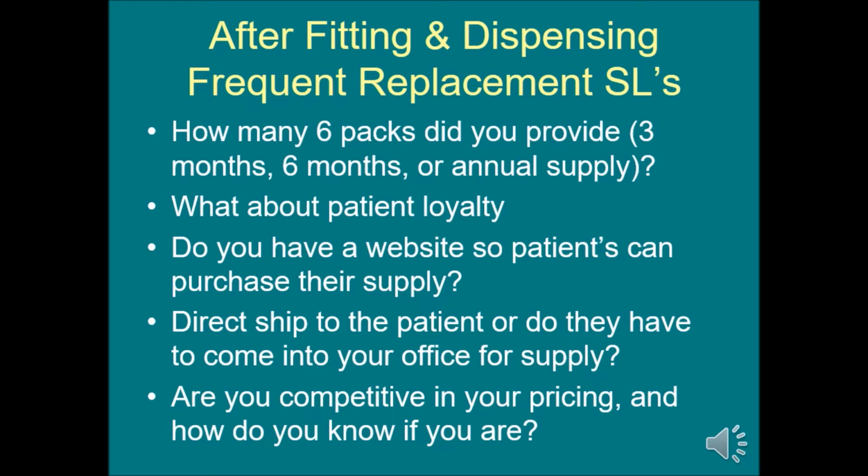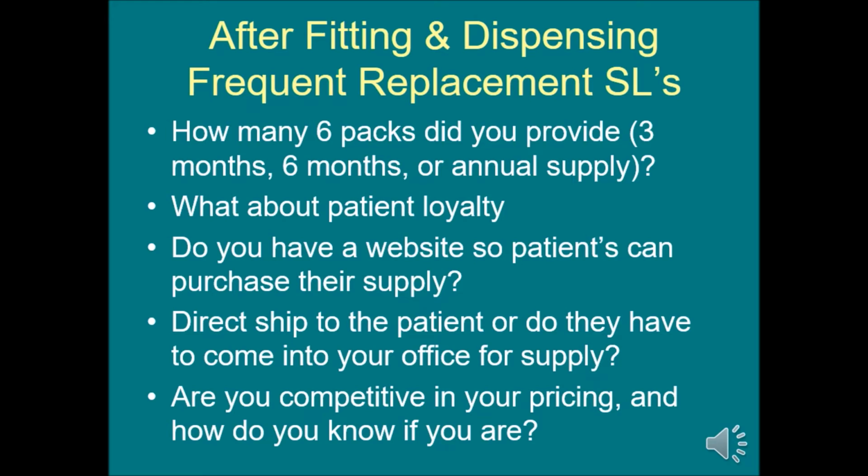If you're dealing with a contact lens company that supplies contact lenses and is your distributor for all the different kinds of soft lenses out there, the question you need to ask is, is that company providing you with information on what your competition is doing? Your competition being the Walmarts of the world, the Costcos of the world, the 1-800 places they can order their contacts, other online suppliers.